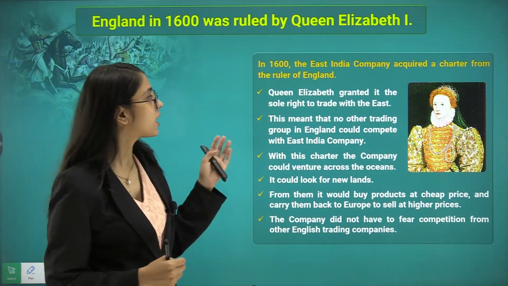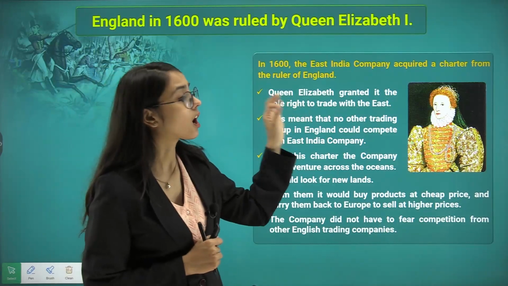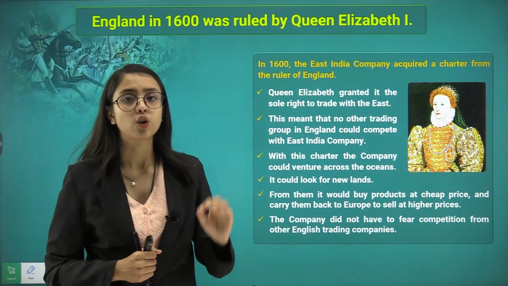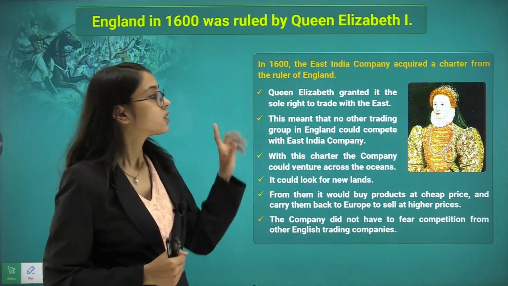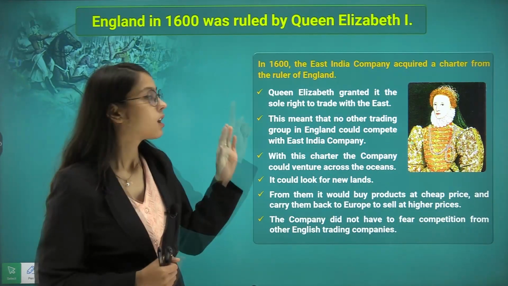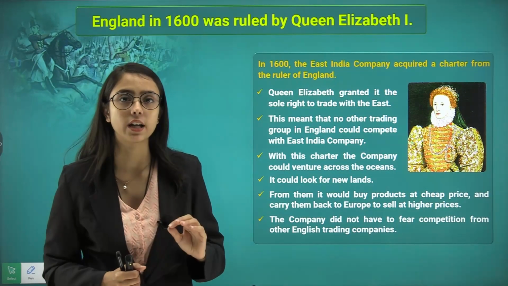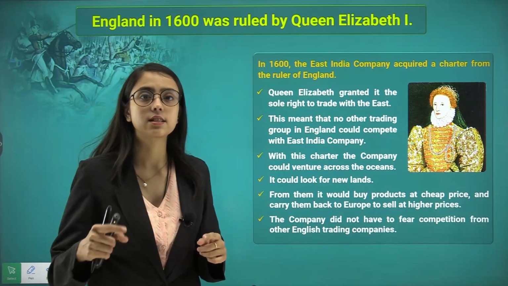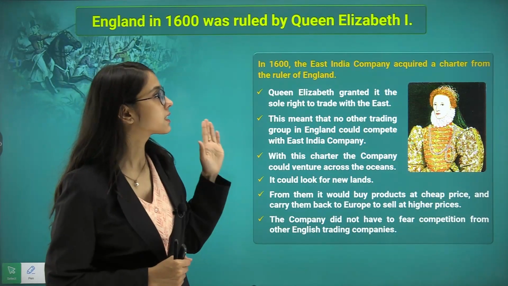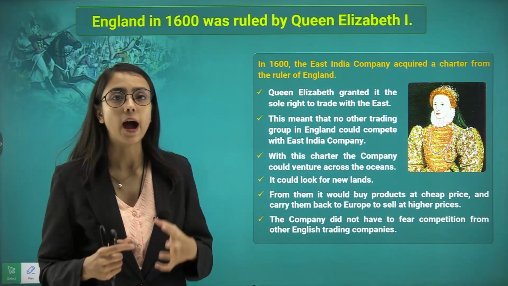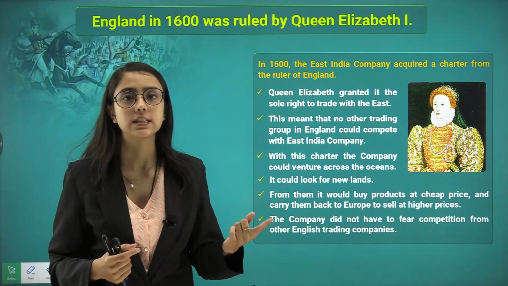Let's have a look. As you can see here, in 1600, the East India Company acquired a charter from the ruler of England, Queen Elizabeth I. So, what was there? Queen Elizabeth granted the sole right of trading with the East to the East India Company. So, the East India Company had the sole power, the monopoly, to trade with the Eastern countries.